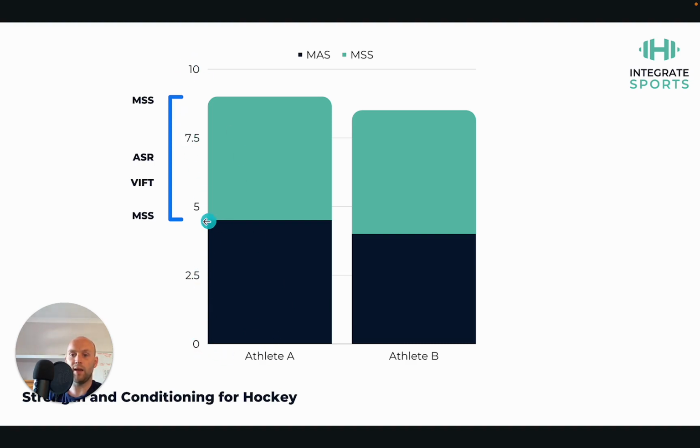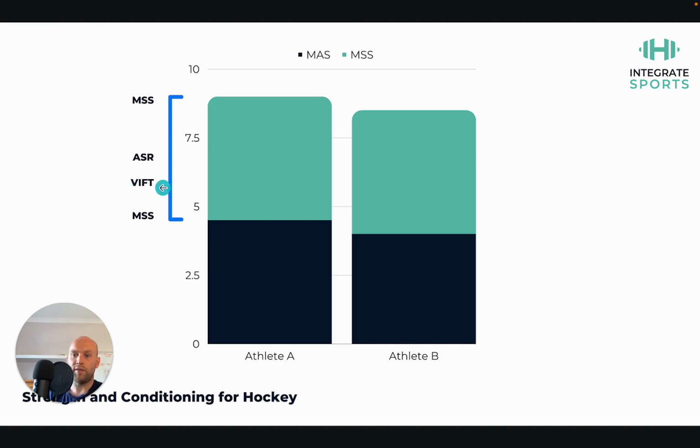Athlete A is sitting at around 4.5 meters per second, and that is their maximal aerobic speed. That should say MAS here. And then their maximal sprint speed is around 9 meters per second. So they have an anaerobic speed reserve score here of around 4.5 again. So 4.5 plus 4.5 gets you to 9.